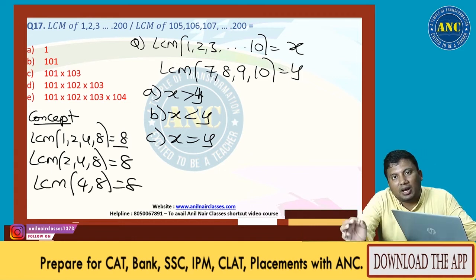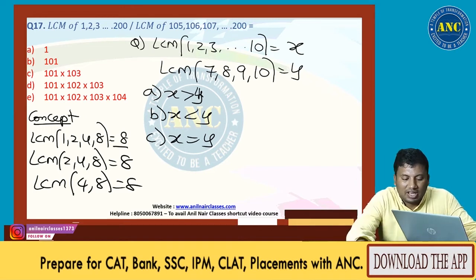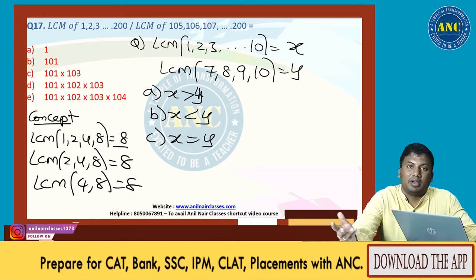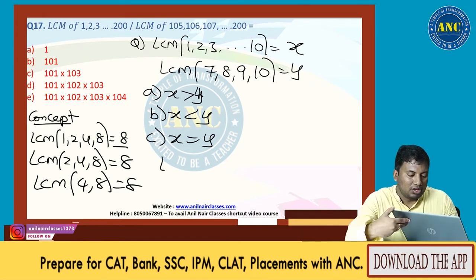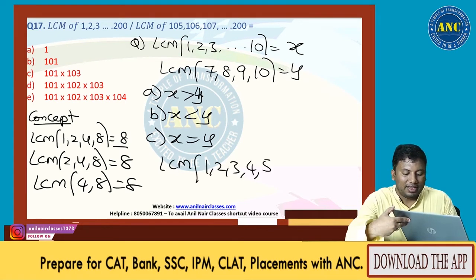It does not matter how many numbers are there in the set. If there is a number which is a multiple of all the other numbers, then that number will become the LCM. So LCM of 1, 2, 3, 4, 5, 6, 7, 8, 9, 10.